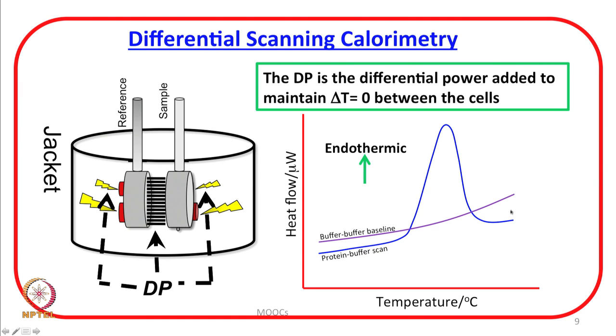What we need to do is subtract this from this to get a final differential scanning calorimetric output, and that is the output which is to be used for the analysis of the data.